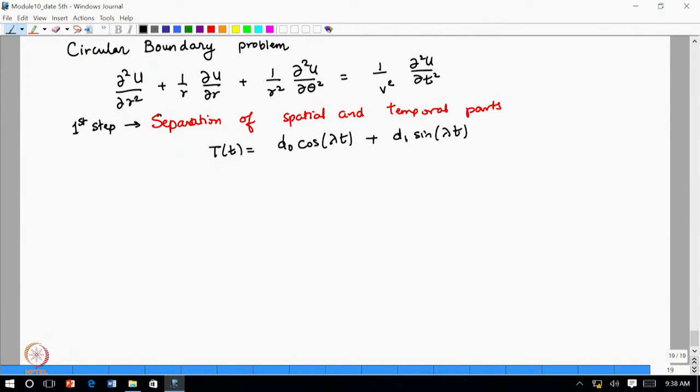Now, that gives you the differential equation in terms of spatial coordinates.